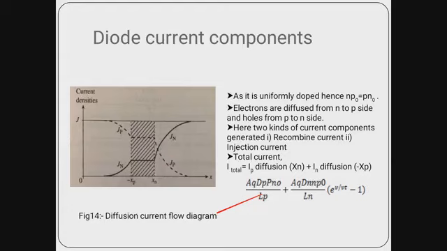It tells us the number of electrons flowing per unit time that recombine with the minority carriers and go to the P side, which eventually contributes diffusion current on the P side, denoted by In diffusion, electron diffusion in P side. And similarly, the number of holes coming out from P to N side is denoted by Ip diffusion, and another current is called the injection current.